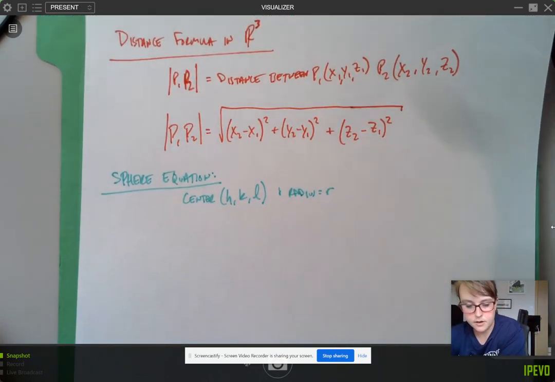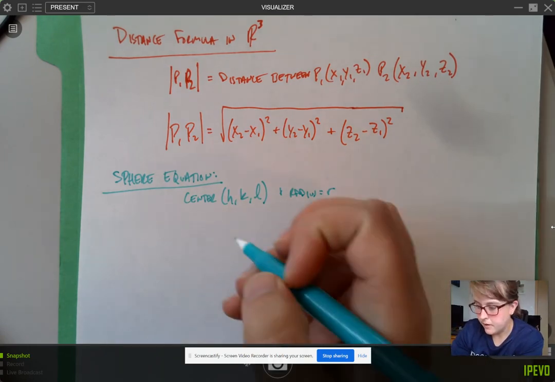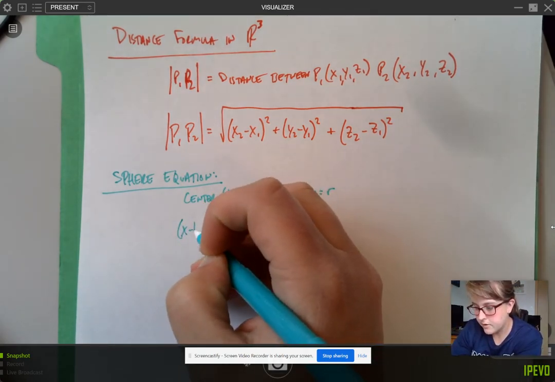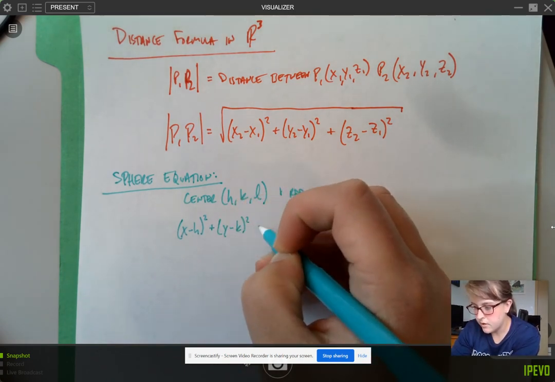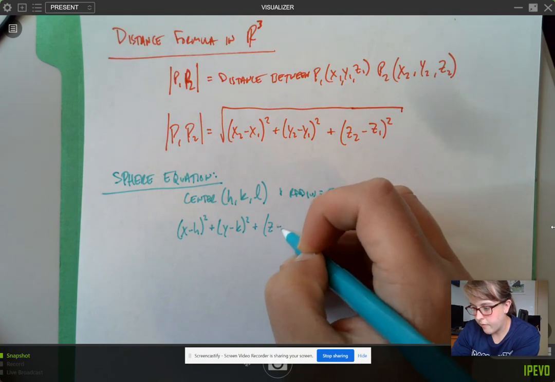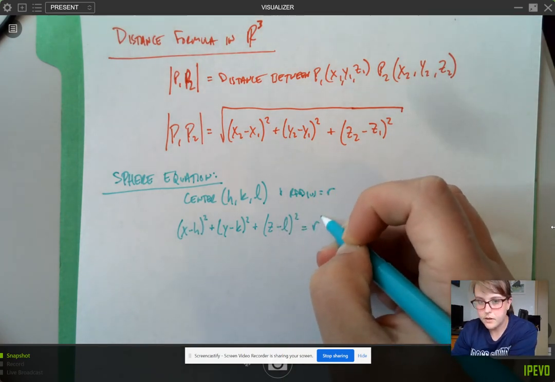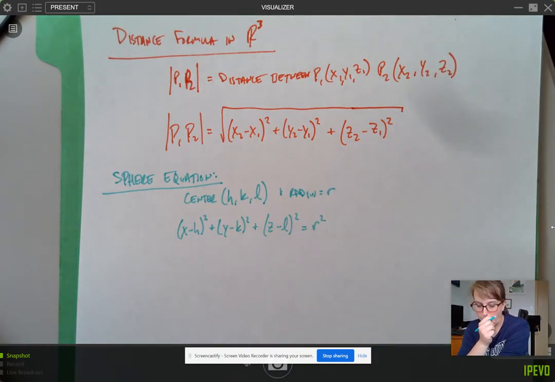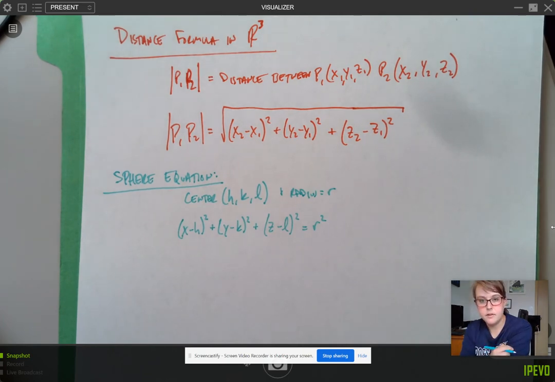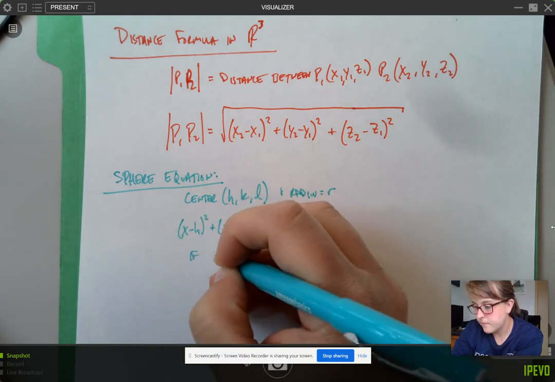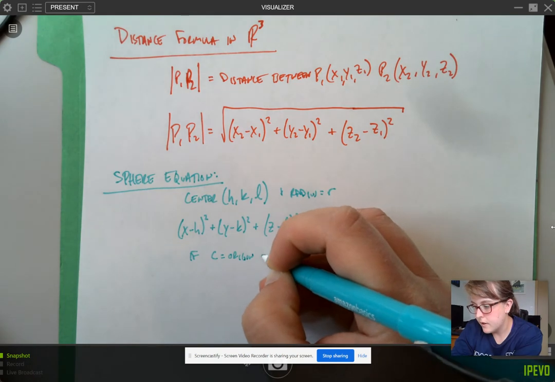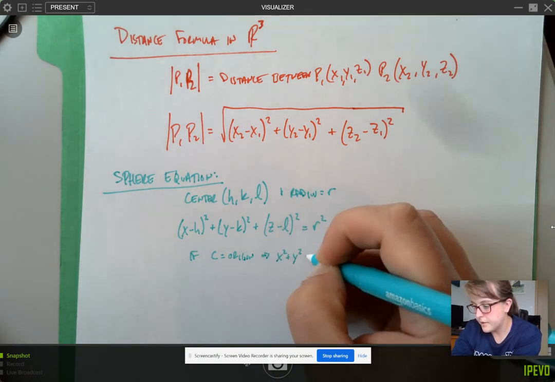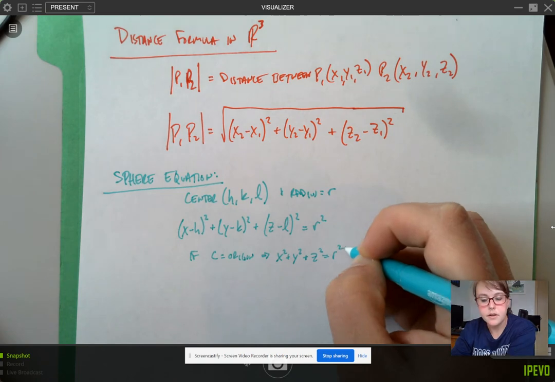Very similarly here, the sphere is going to be (x minus h) squared plus (y minus k) squared plus (z minus l) squared equals r squared. So then if the center is the origin, then you get x squared plus y squared plus z squared equals r squared.